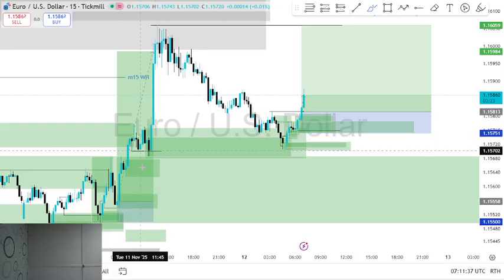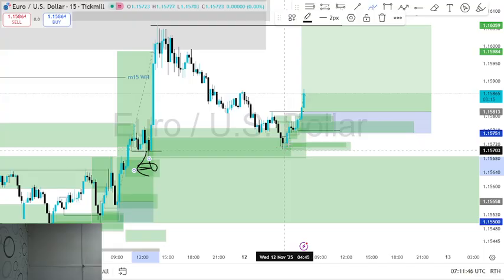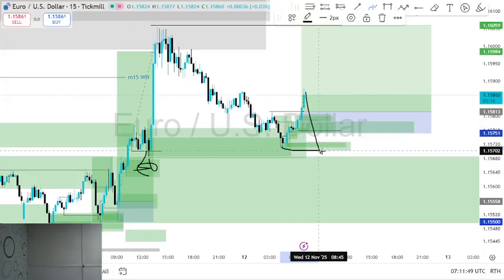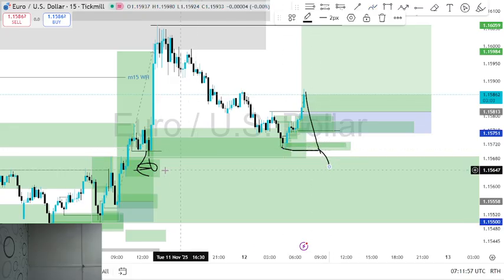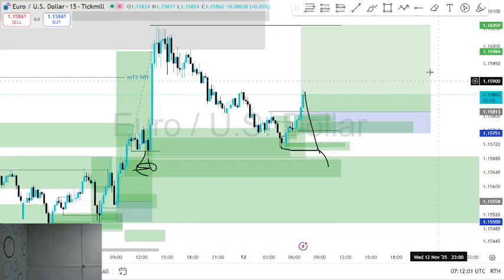So let's say if you are looking to trade from this zone and we are expecting price to use this as inducement, price will come down to liquidate this for us to have the strong liquidation.